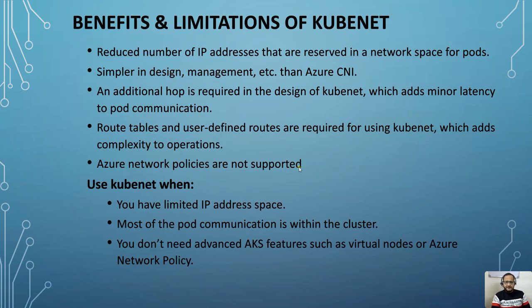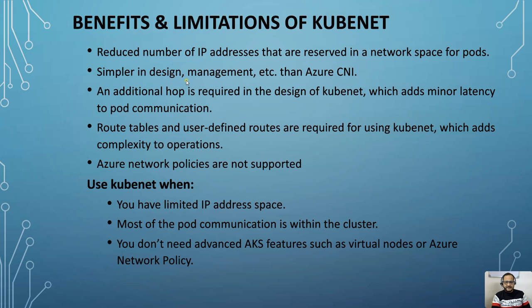Now we will see benefits and limitations of Kubenet. Then we will see Azure CNI and Azure CNI overlay. So, reduced number of IP addresses that are reserved in the network space for pods. Because in Kubenet, the pod will not get an IP address from the virtual network, so it will reduce the number of IP addresses.